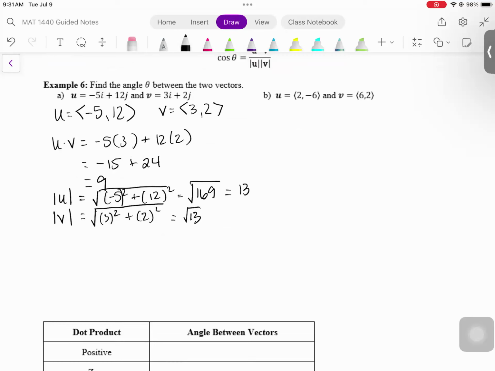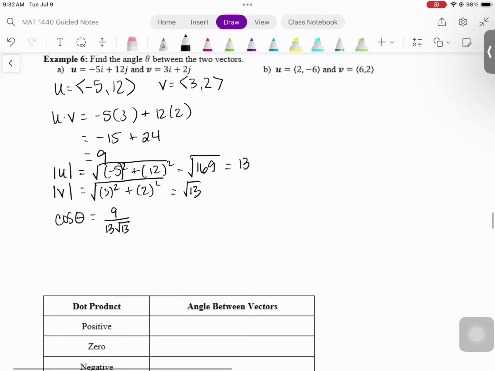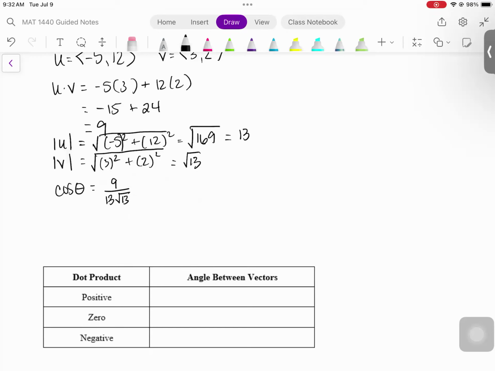Putting this all together, we know that cosine of theta is equal to that dot product, 9, divided by the product of those magnitudes, 13 times the square root of 13. And while we don't generally like to leave radicals in the denominator, since we're actually going to be using inverse cosine, we don't need to simplify this.